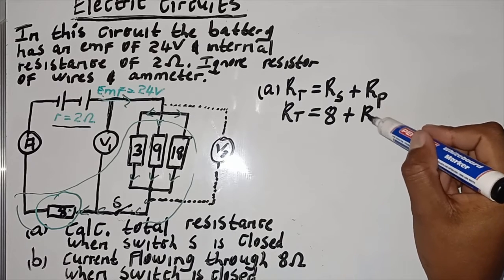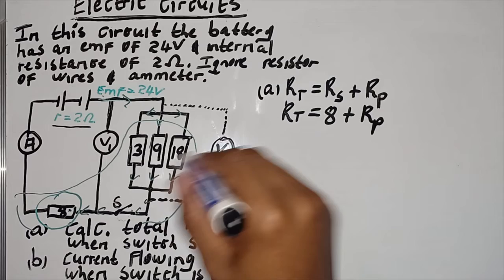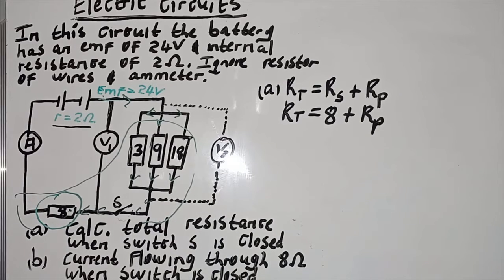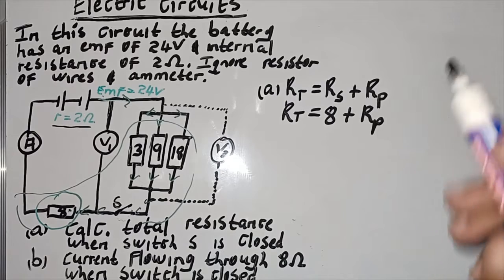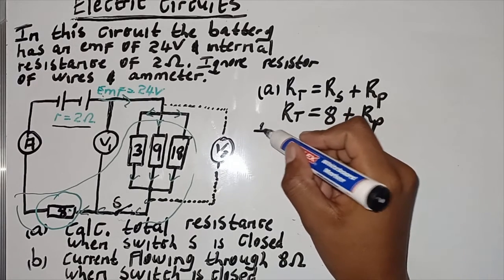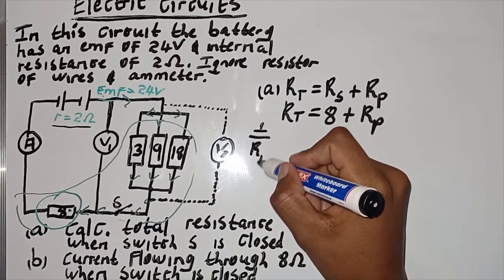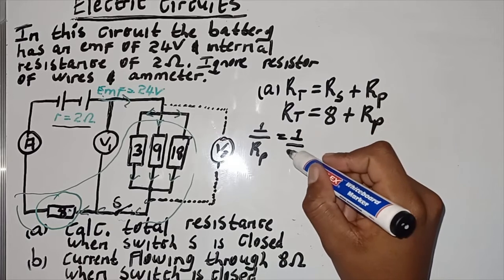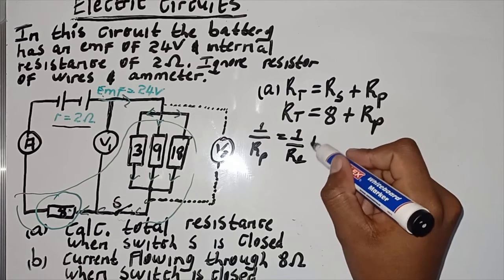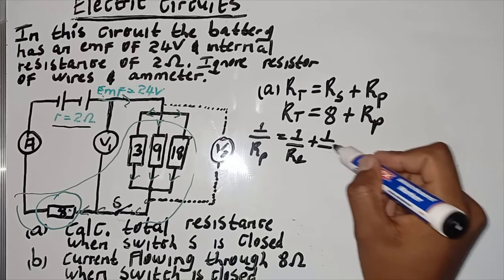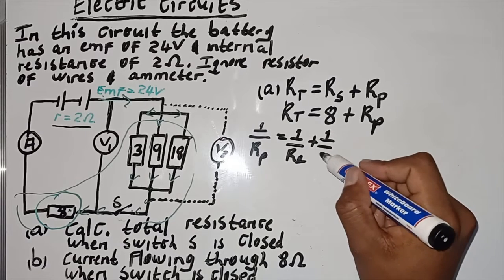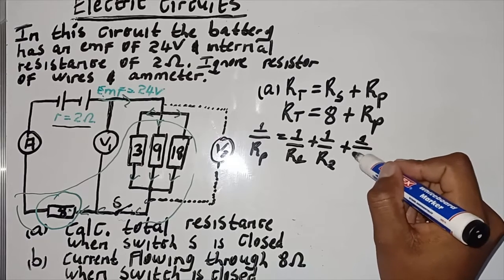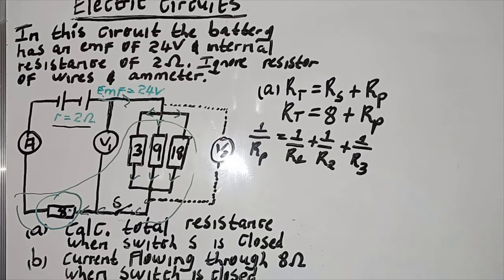RP we have to find, since there is a formula used to calculate RP that I've done in the previous video. So in order for us to get RP, we're going to say 1 over RP is equal to 1 over resistor 1 plus 1 over resistor 2 plus 1 over resistor 3.